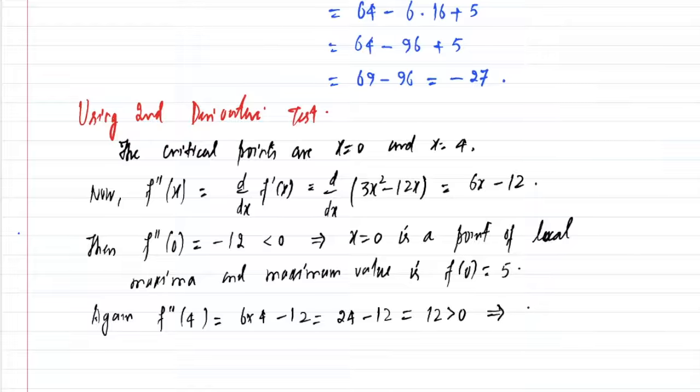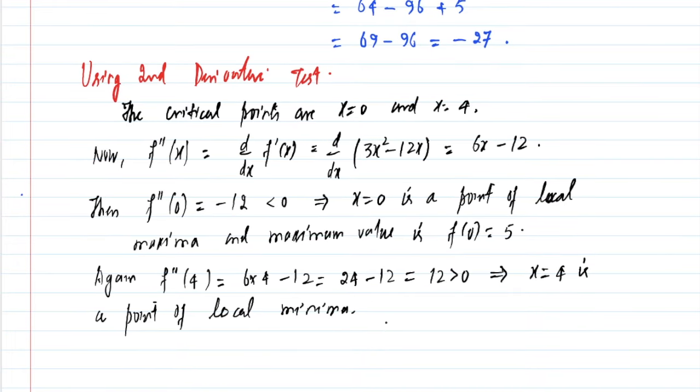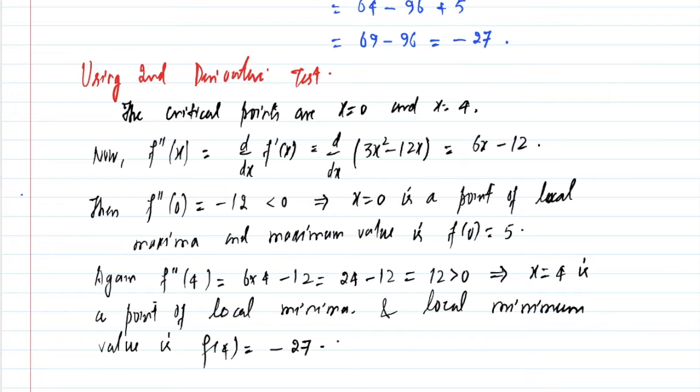So this implies x equal to 4 is a point of local minima, and the local minimum value is f of 4, which we have also evaluated in the above example, that is minus 27. So we can see clearly that the second derivative test is very easy to use, but the first derivative test is a little bit difficult to use. But unfortunately the second derivative test has a drawback, that it fails sometimes.